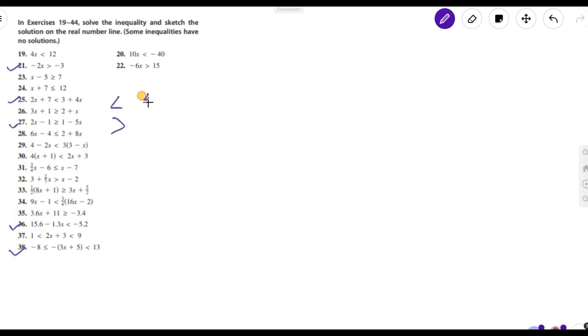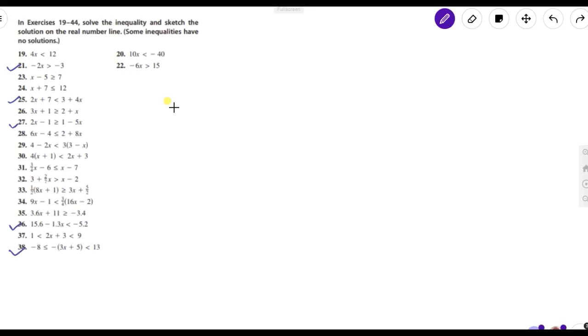So let's begin and do it one by one, and we are going to express our solution on a number line as well, because you know well that in linear inequality the solution is not unique. You're supposed to have a range of solutions. So you have infinite solutions that satisfy your inequality.